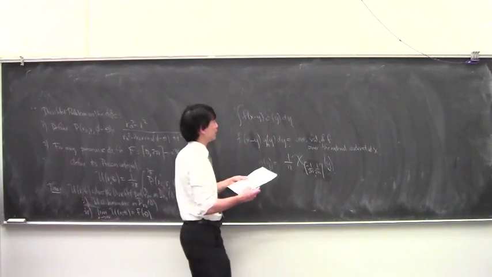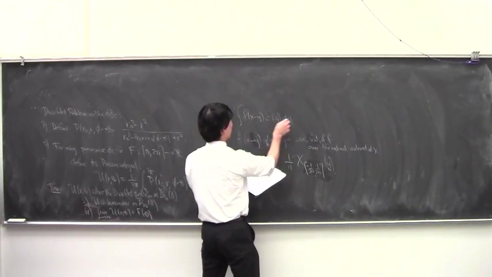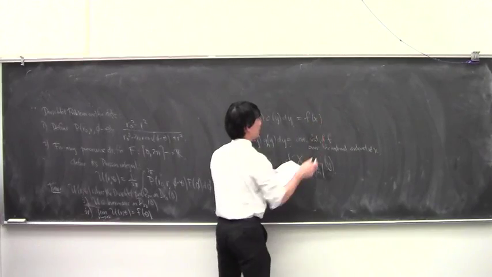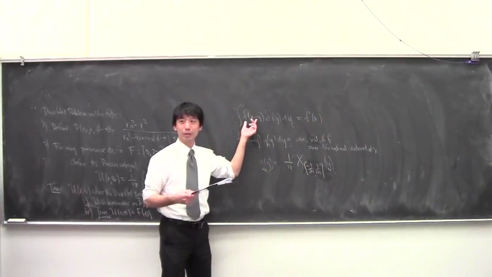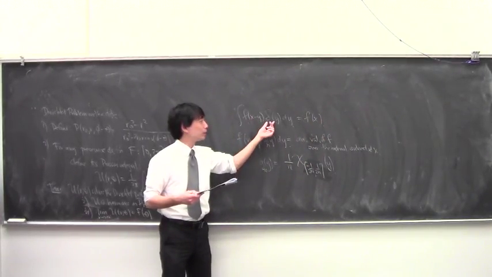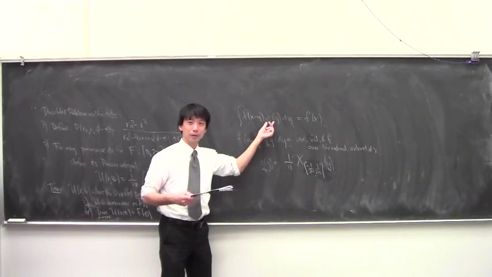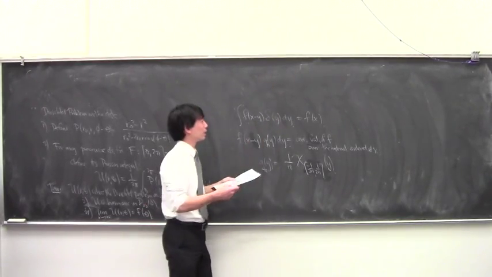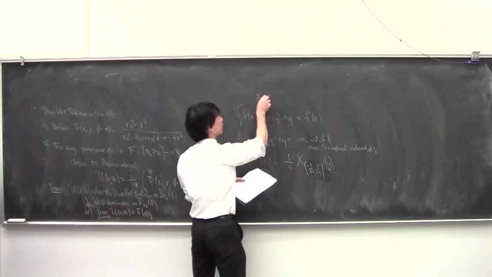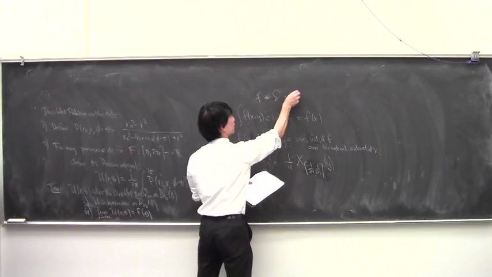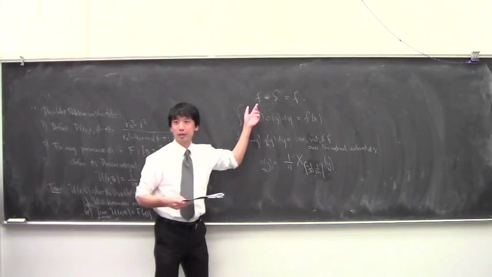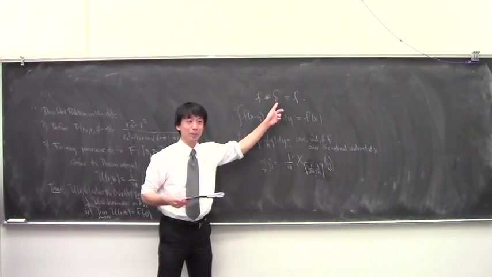And then that would give you back your value at x. So the Dirac delta function is the identity in the convolution algebra. Convolving against it gives you back your function.